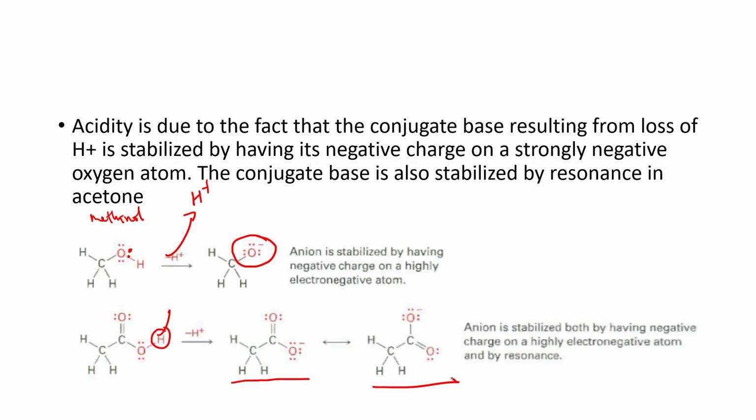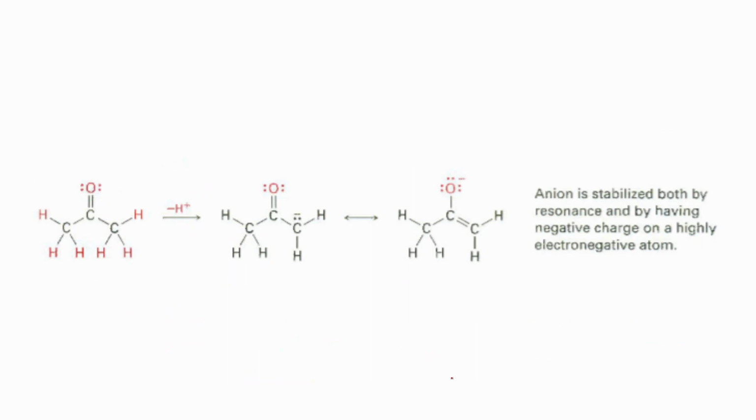So acetone can behave like an acid because it can stay stable due to resonance. Okay. So this is simply showing what will happen if acetone loses our hydrogen atom.